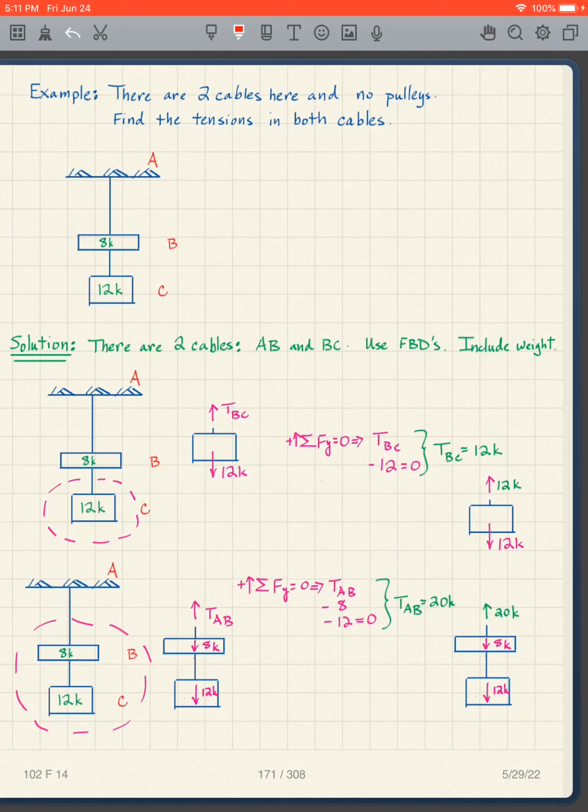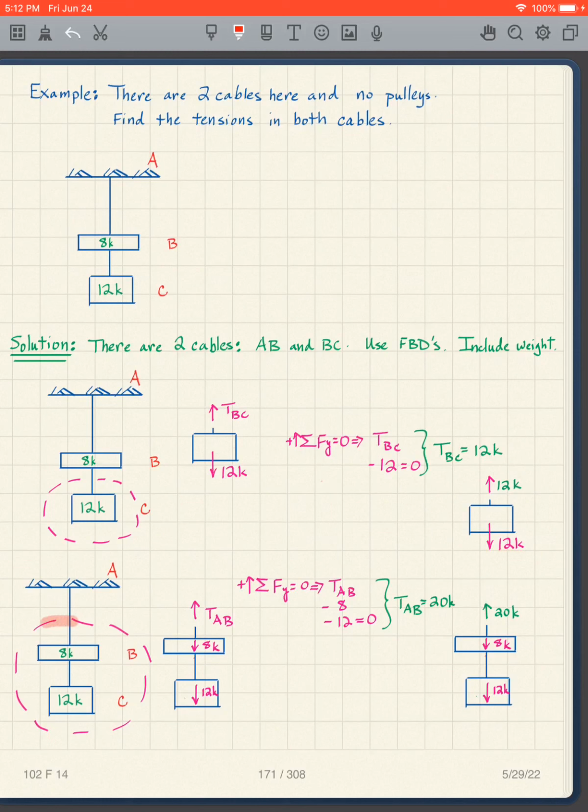Then I take the sum of the forces in the y direction equals 0. Upward positive, so I have TBC, positive because it's upward. 12 is negative because it's downward. Set that equal to 0. I get that TBC equals 12 kips, which of course means it's tension. So then my final free body diagram looks like that. It's pretty straightforward, pretty easy.